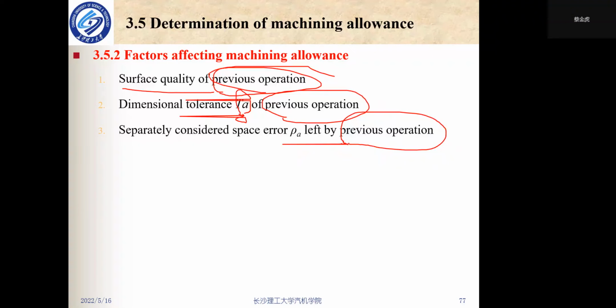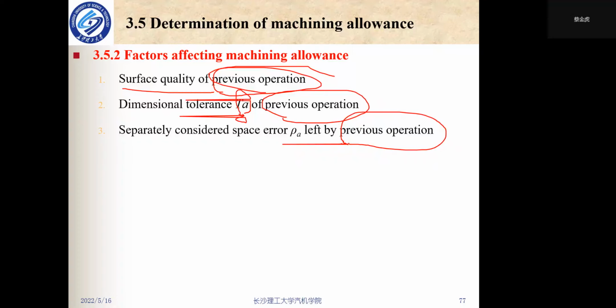So we have learned three factors which will affect the machining tolerance, and the three factors all concern the previous operation. The first one is surface quality of the previous operation, the second one is dimensional tolerance of the previous operation, and the third one is separately considered space error left by the previous operation.